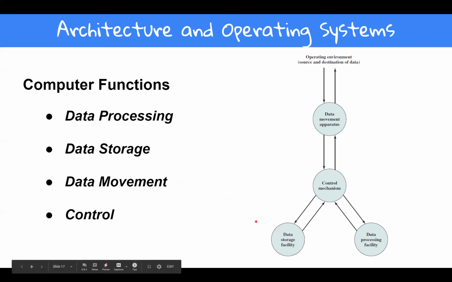When you save a file on your machine, actually you are using the storage capacity and facility of your machine. Data movement, internet, data communication. You send the data, you receive the data. The data movement between different parts of the computer. All of them is the data movement function of our machines.